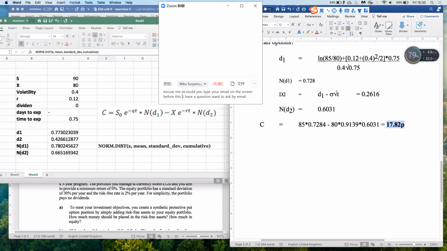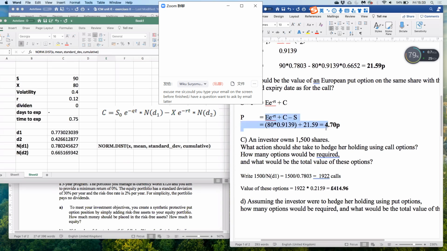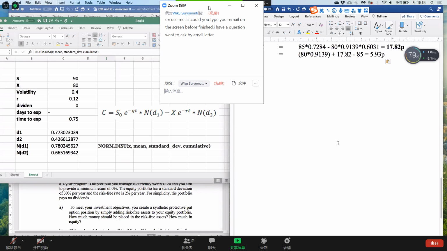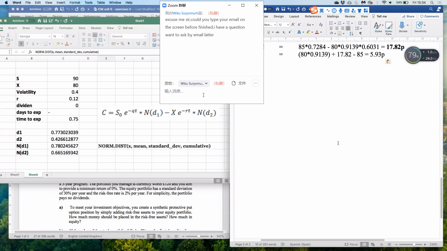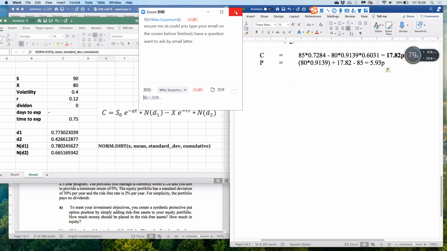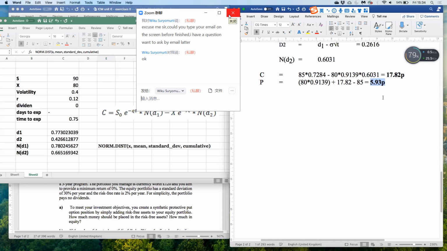And the put option price, using this formula, we have 5.93 pence.